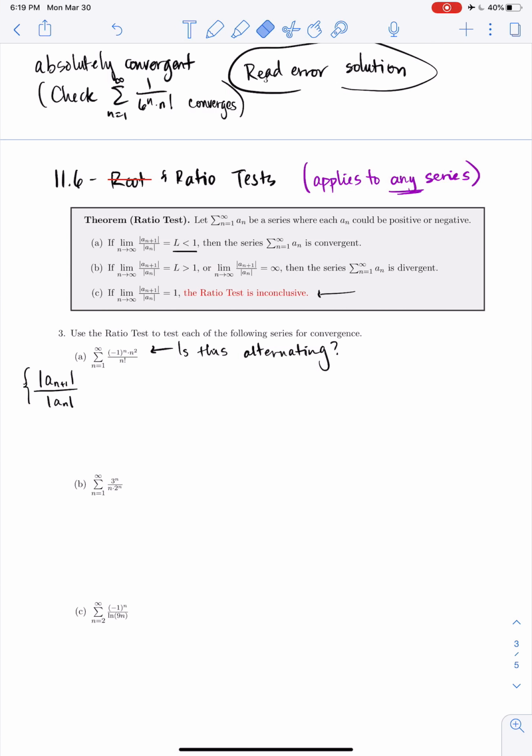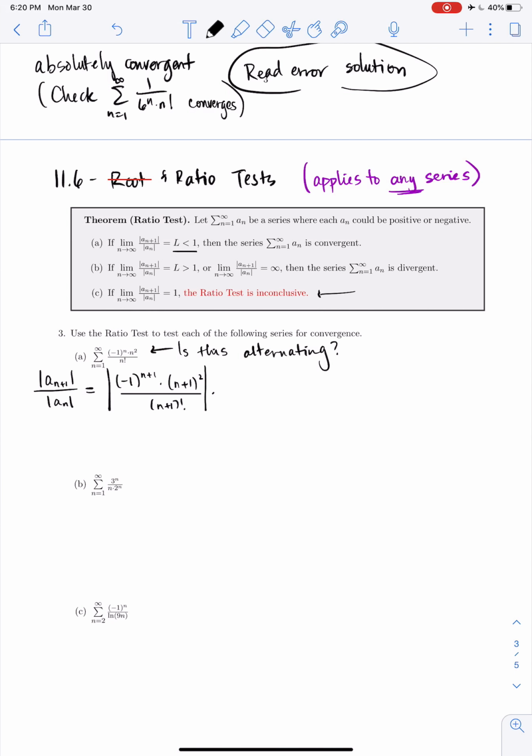Okay, so for our series here, our terms are a sub n plus 1 is negative 1 to the n plus 1 times n plus 1 squared all over n plus 1 factorial. So that is a sub n plus 1.